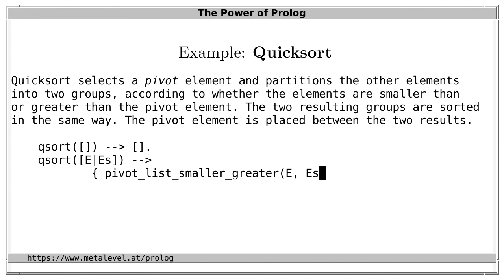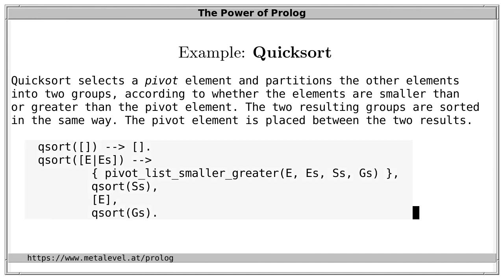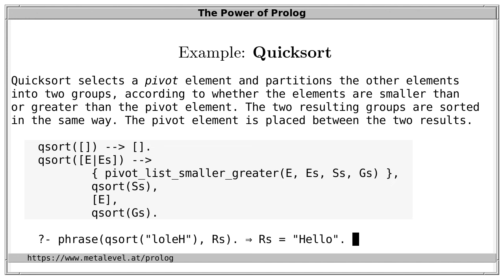And the remaining elements, Es, are partitioned into those smaller and those greater than E. So we assume that we have such a predicate. And the sequence we are describing is first the sorted smaller elements, then the pivot element, and then the sorted greater elements. And that's Quicksort in Prolog. For instance, if we ask for the sorted version of this string, then we get it. Like this, using Quicksort to sort the characters.